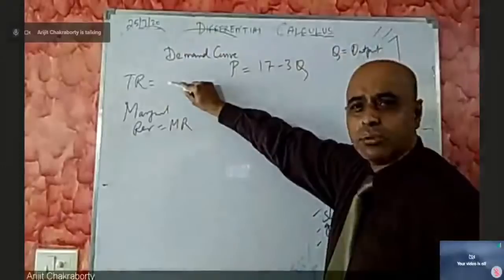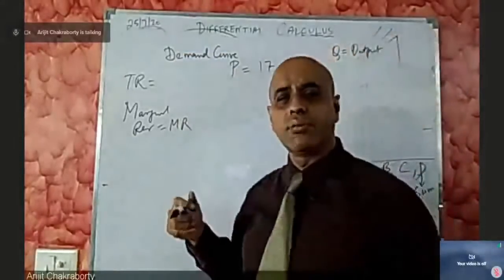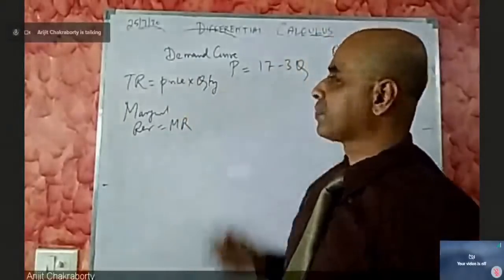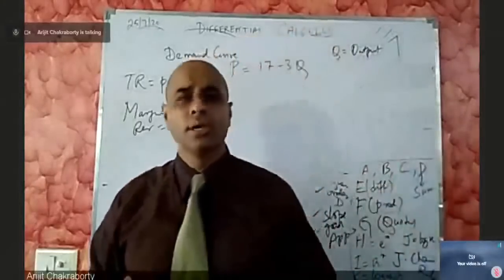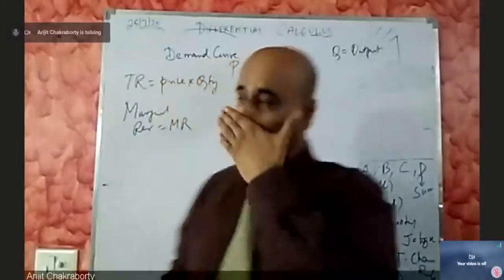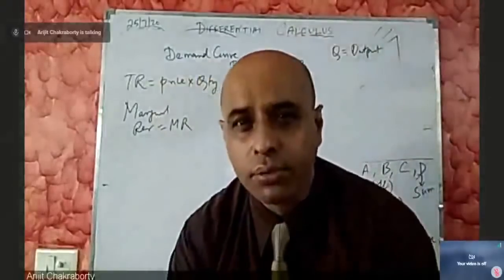Now we have to find out, the first question is total revenue, TR. You know the total revenue of a company is what? The price into the quantity or the demand. I know the demand is this much. I know the quantity. And so P into Q. Since P is given, I multiply that by Q, right?